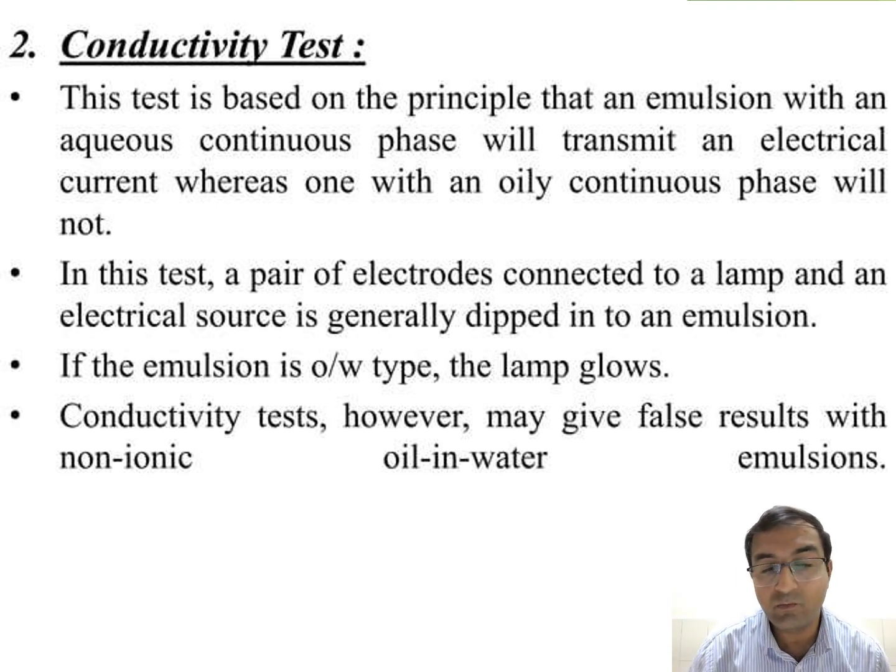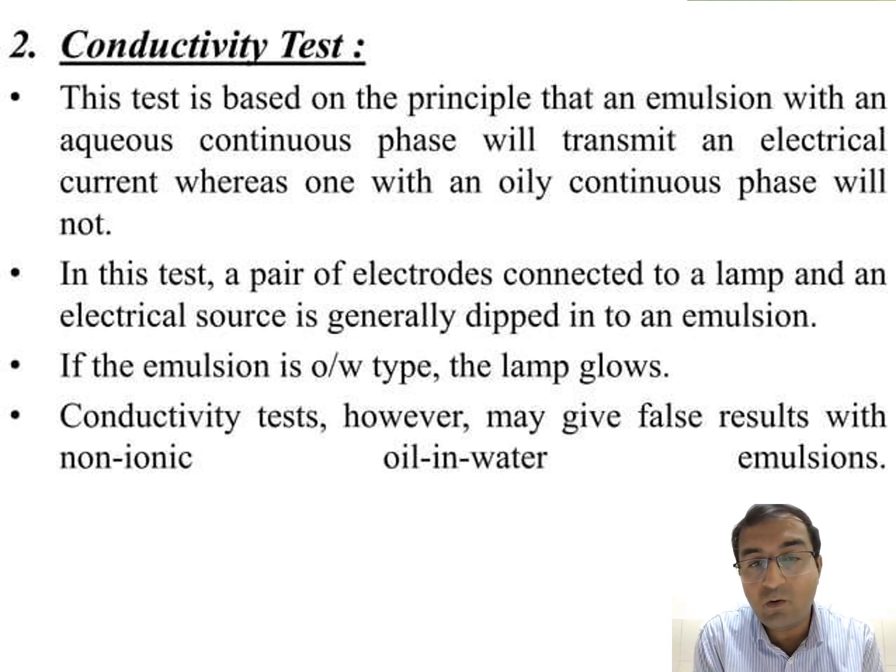It allows the passage of current. But this is not true for water in oil type. This test is based on the principle that an emulsion with an aqueous continuous phase will transmit an electrical current, whereas one with an oily continuous phase will not.